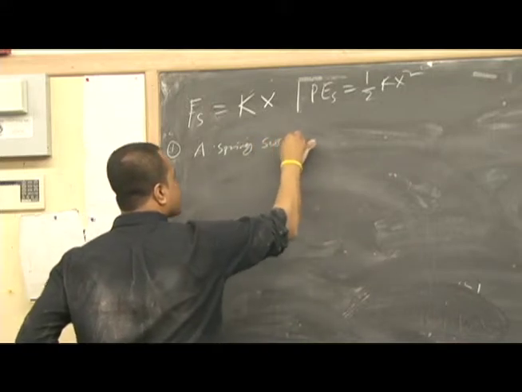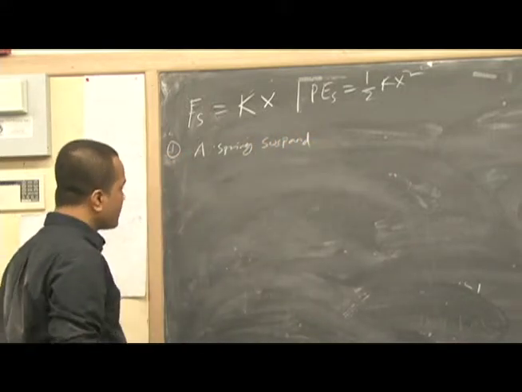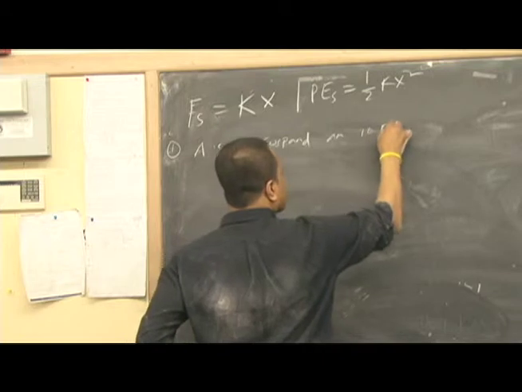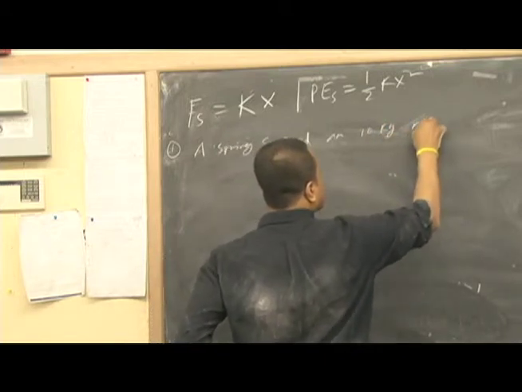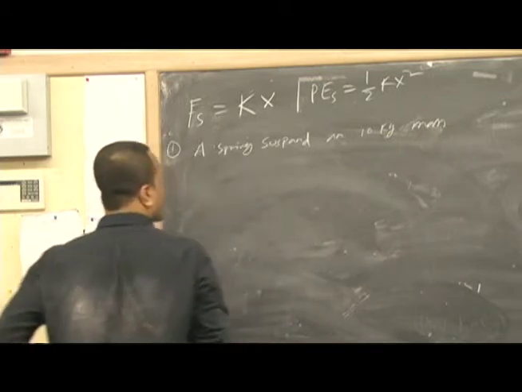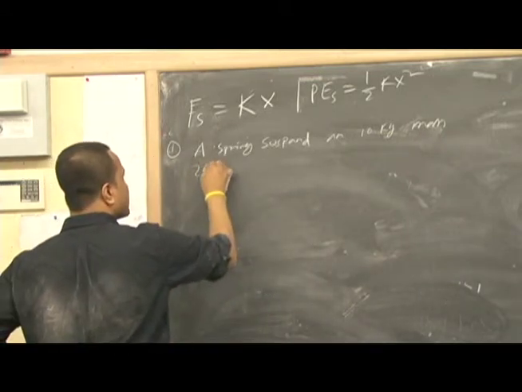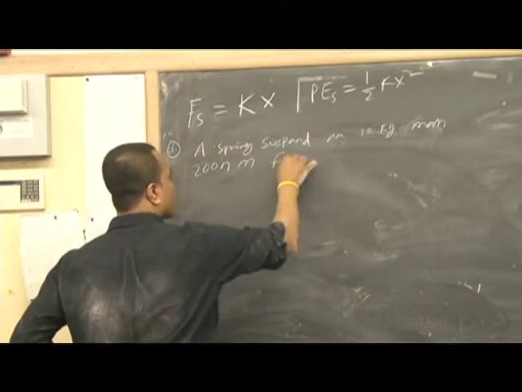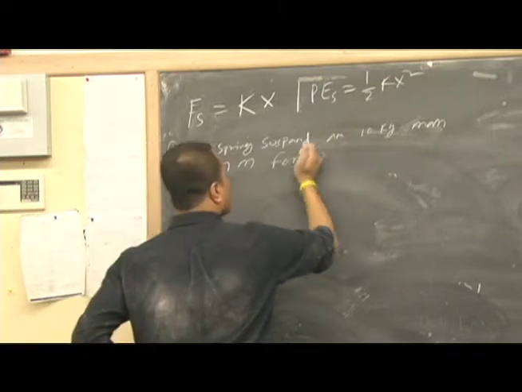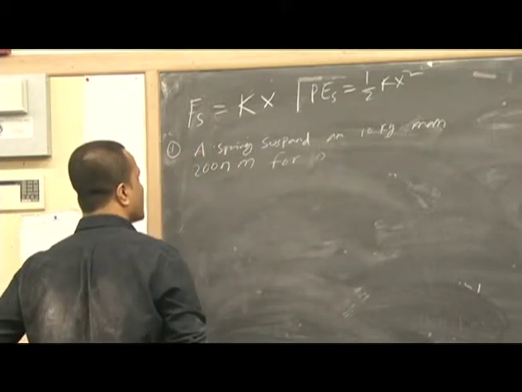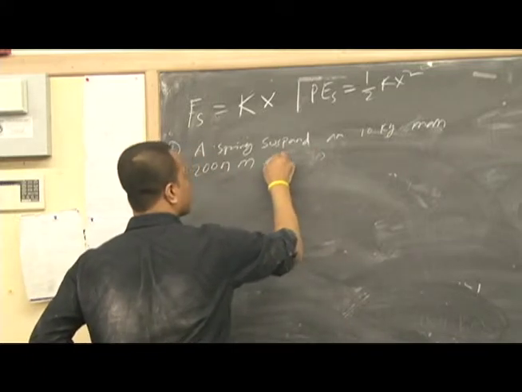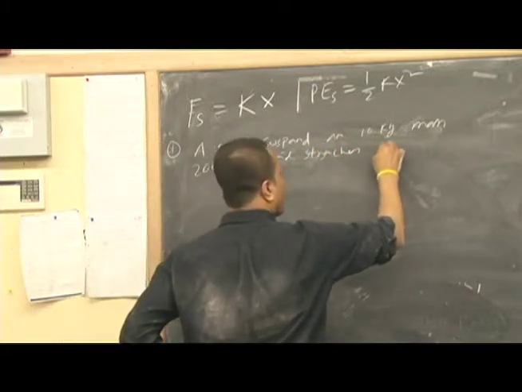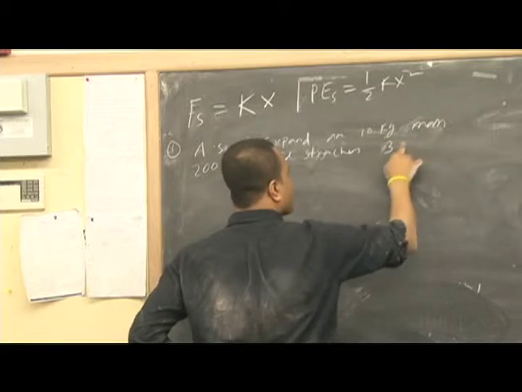A spring suspends an object of 10 kg mass, with a spring constant of 200 Newton per meter, and it stretches 0.3, just 3 centimeters.